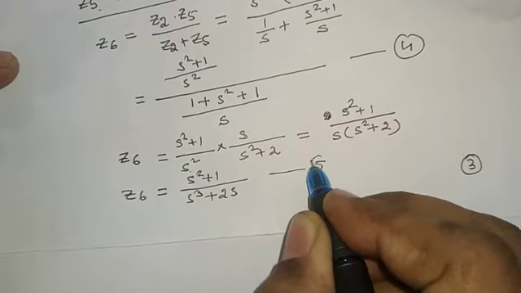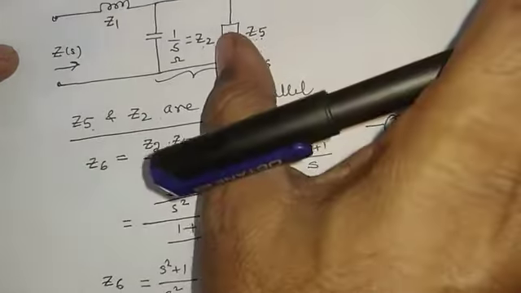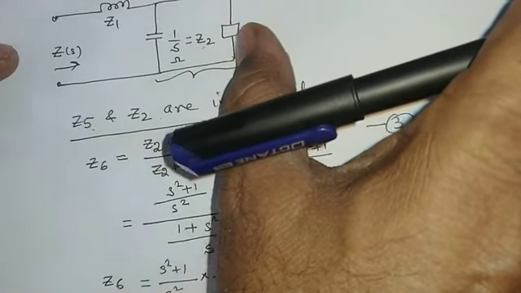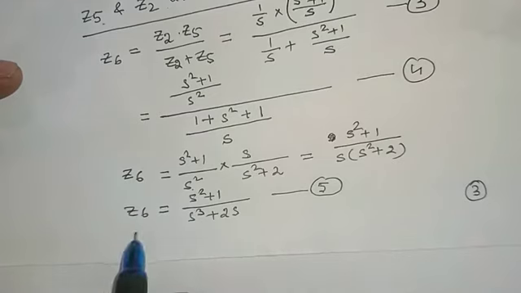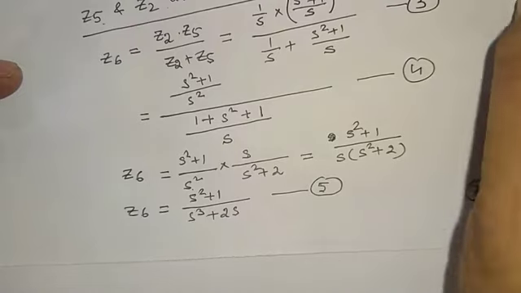In this way, the combination of Z2 and Z5 which are in parallel I have calculated as Z6, and Z6 value is S square plus 1 divided by S cube plus 2S.